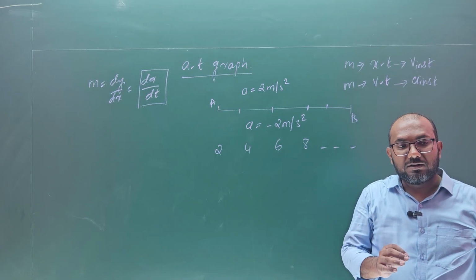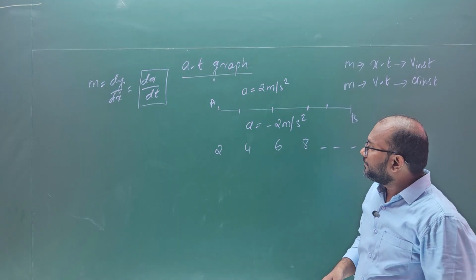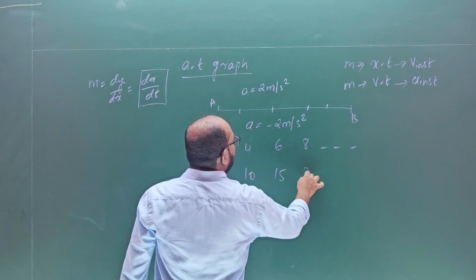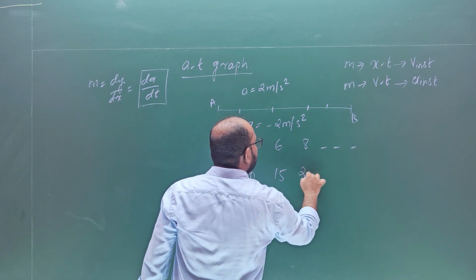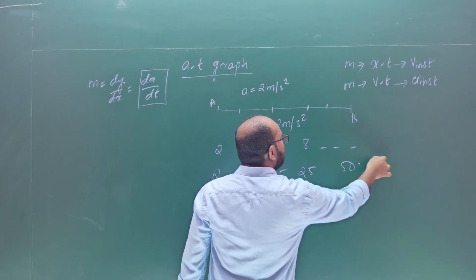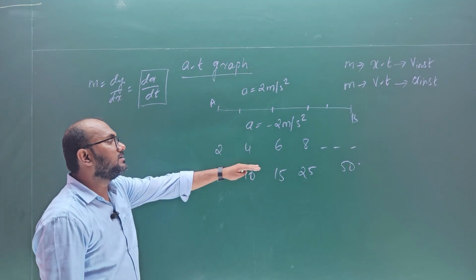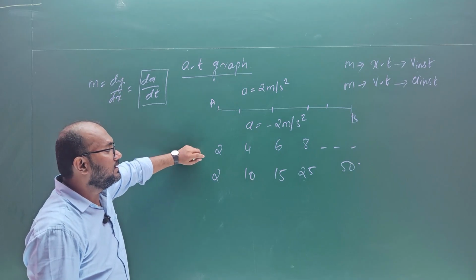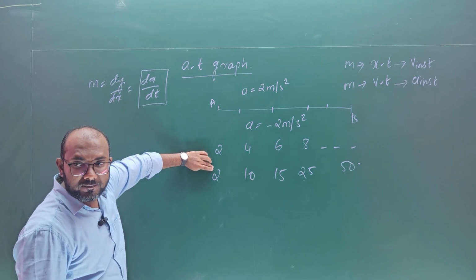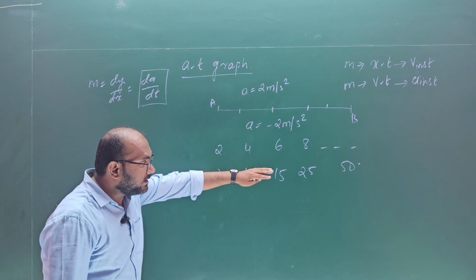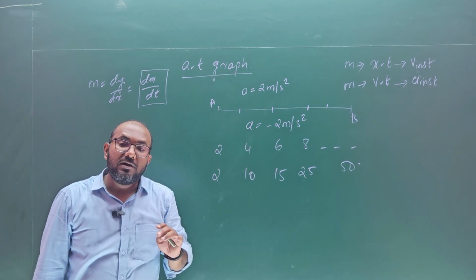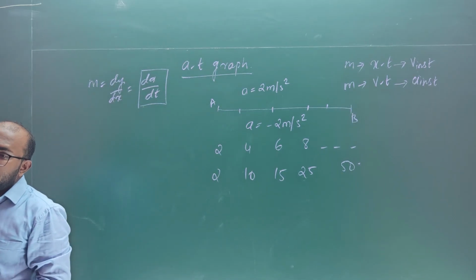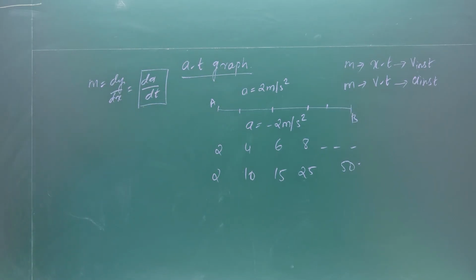But if the acceleration is changing like 2, then 10, then 15, then 25, then 50, and so on, either increasing or in the reverse direction decreasing, then acceleration is increasing or decreasing with a variable rate.